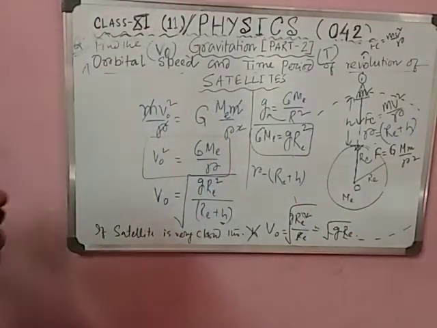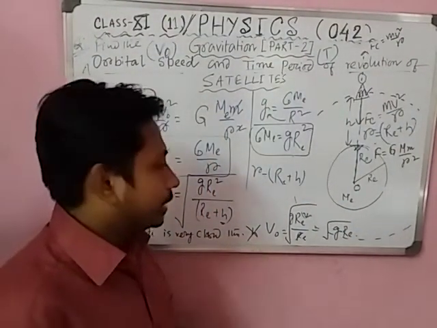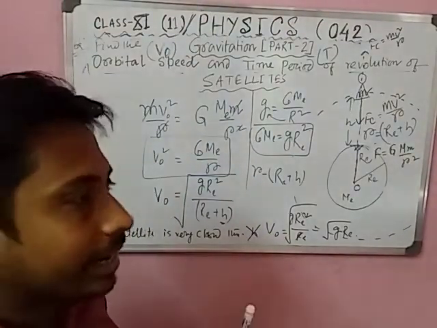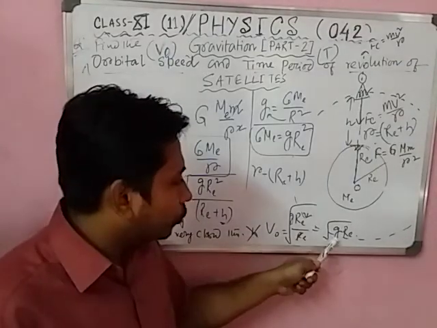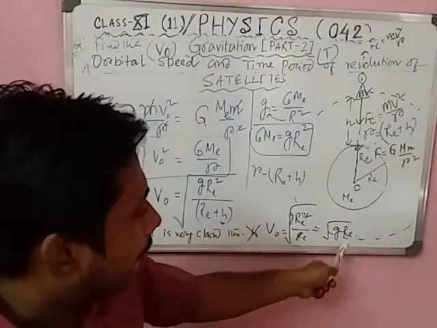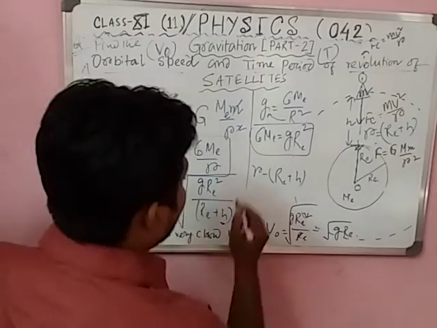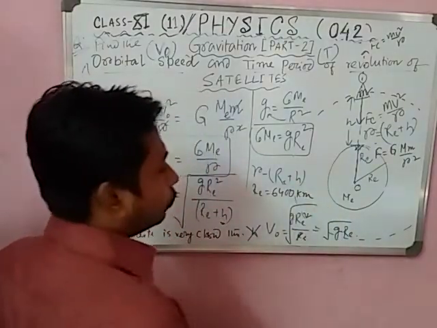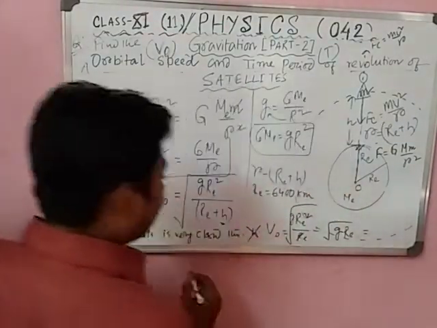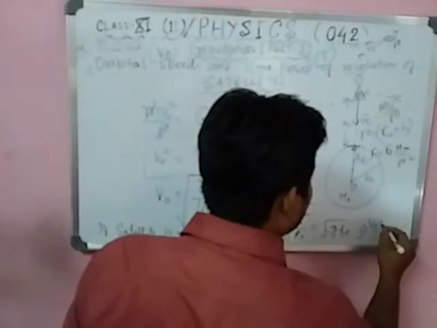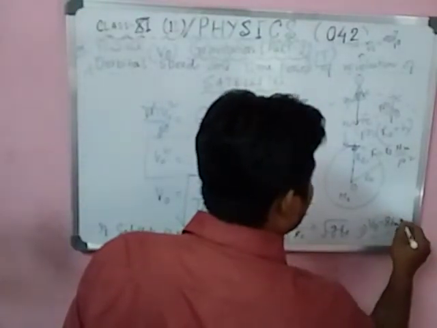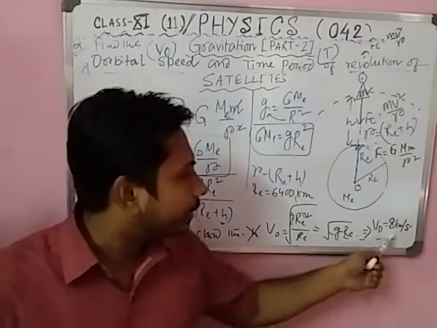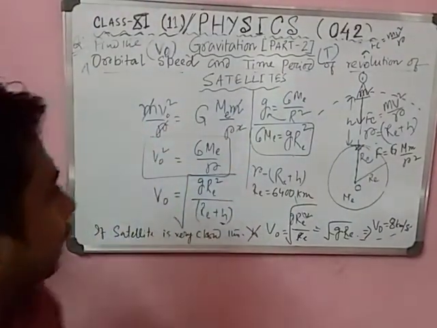This is the result for the orbital speed of a satellite very near to the earth. If you put the value of g as 10 and Re as 6400 km, you will get the orbital speed v0 equal to 8 km per second. This is the orbital speed of a satellite very close to the Earth's surface.